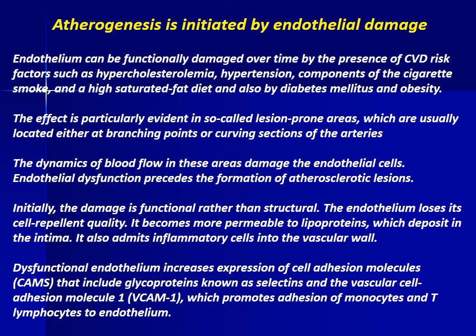Dysfunctional endothelium increases expression of cell adhesion molecules, CAMs, that include glycoproteins known as selectins, and the vascular cell adhesion molecule 1, VCAM1, which promotes adhesion of monocytes and T lymphocytes to the endothelium.